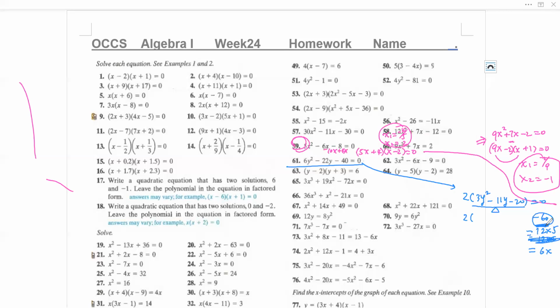My brain began not working so well. Anyone got a solution? Negative 60. Let's list it out, right? 1 times 60, 2 times 30, 3 times 20, 4 times 15, 6 times 10. What do you have? 12 times 5. What's the rest you guys have?